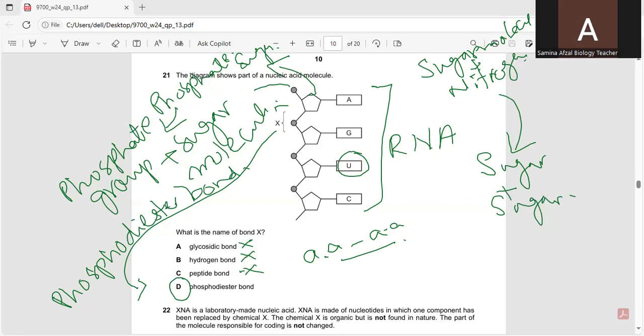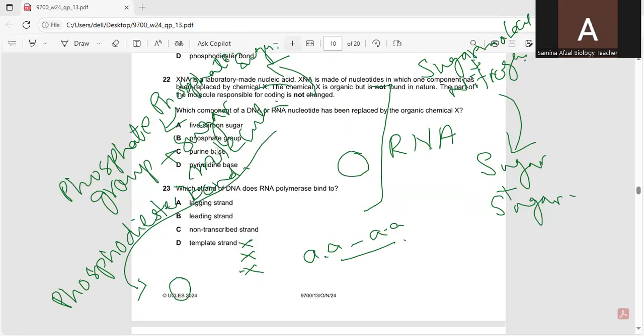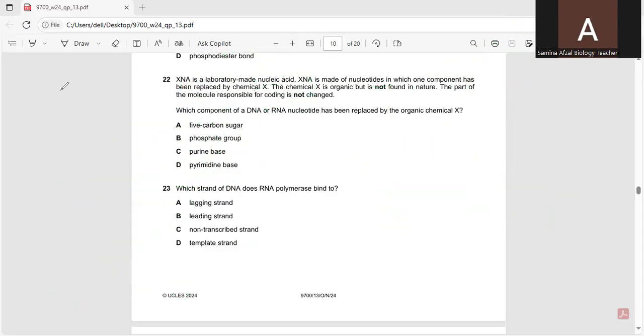Moving towards the next question. Question number 22 has been shown over here. XNA is a laboratory made nucleic acid. XNA is made of nucleotides in which one component has been replaced by chemical X. The chemical X is organic but is not found in nature.